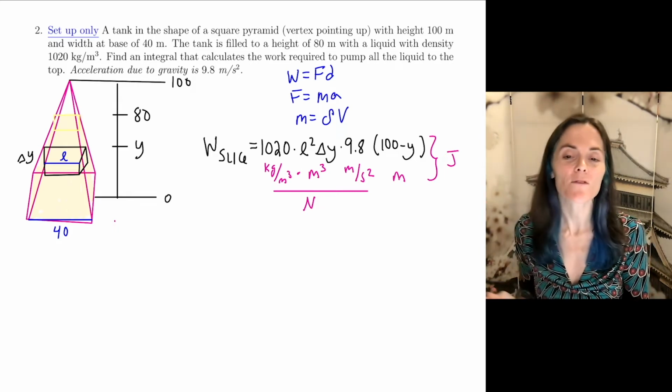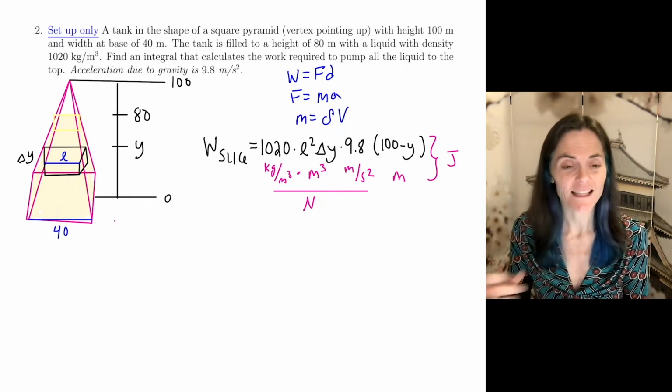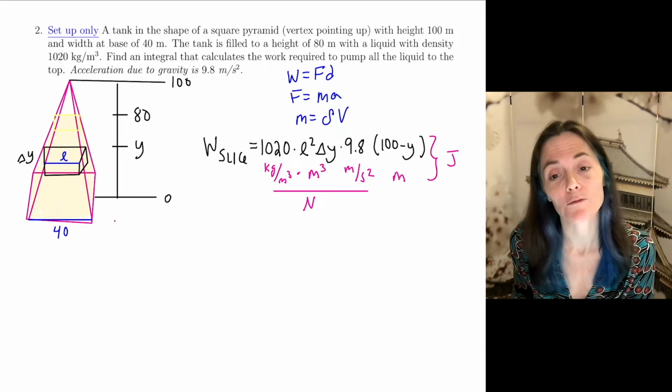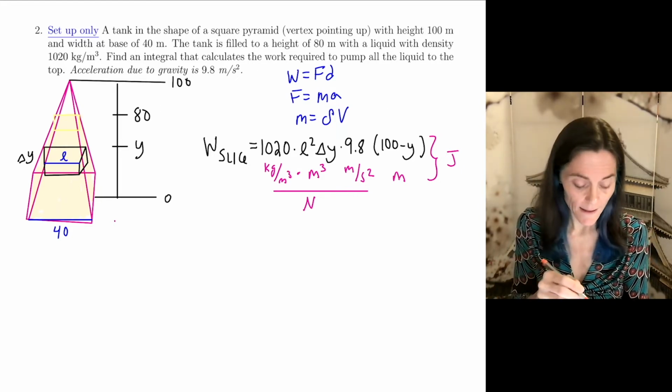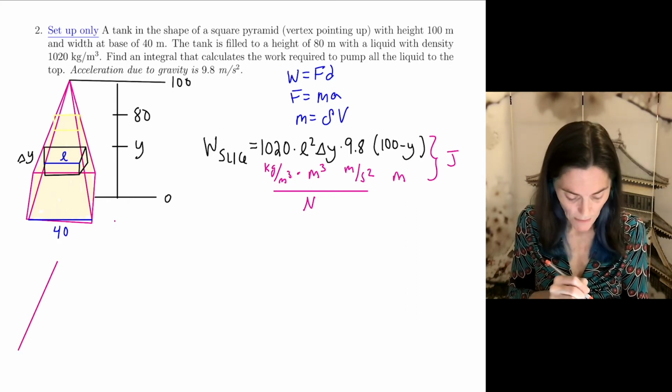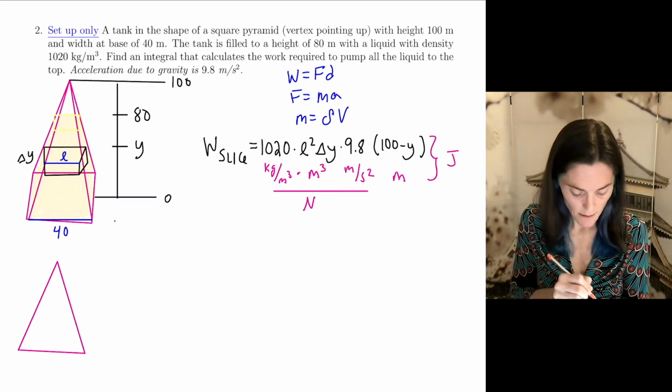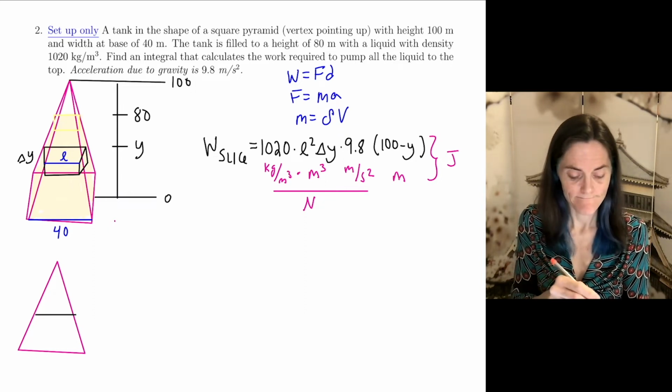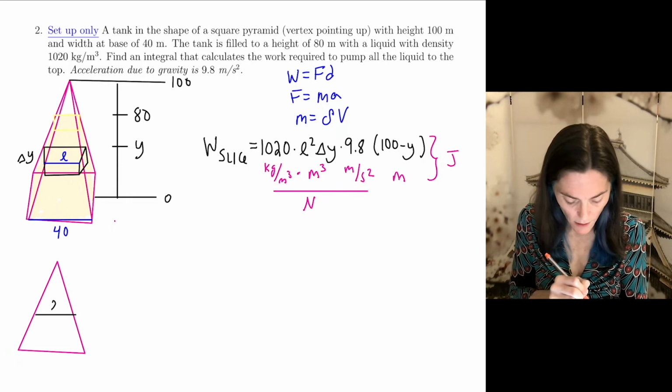But just like before, we need to get this L, the side of this square, written in terms of y. And similarly, just like before, we can use similar triangles. So let me draw it like this and like this. This is L. This is 40.